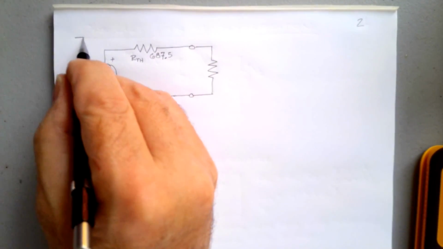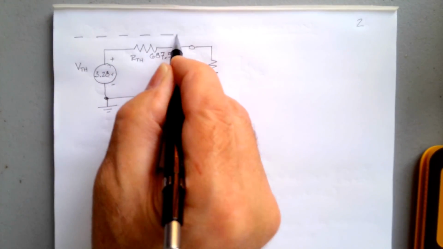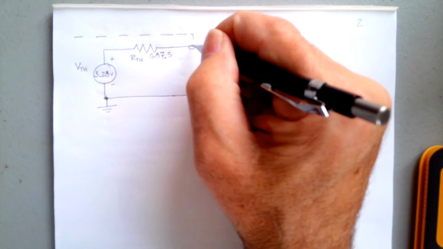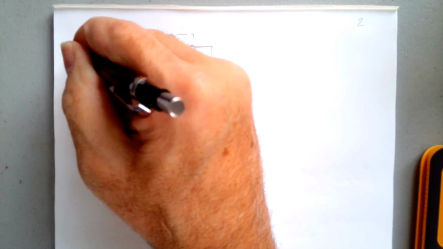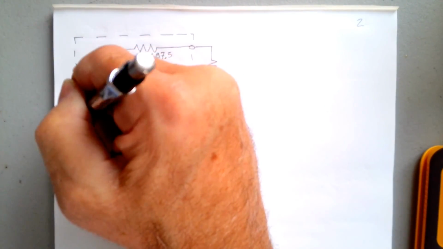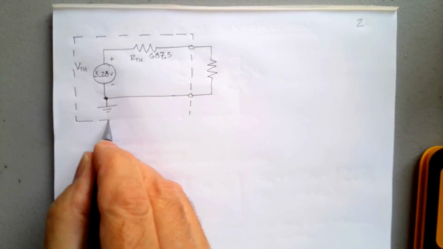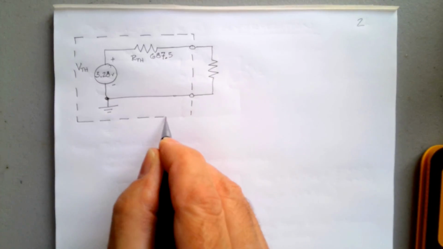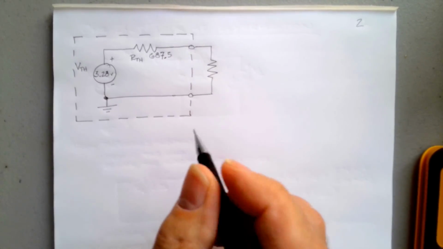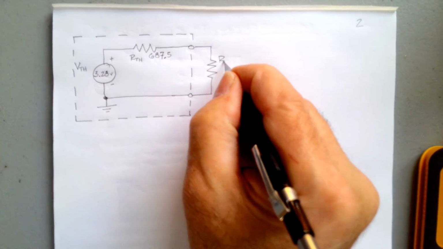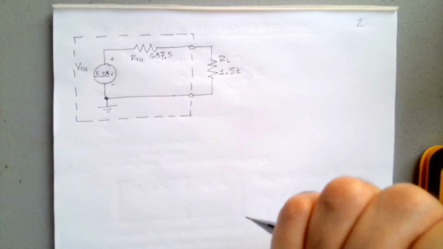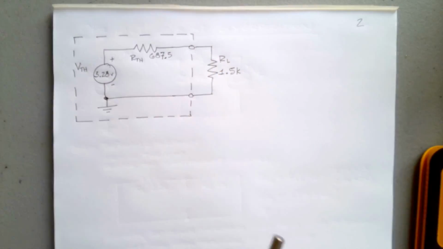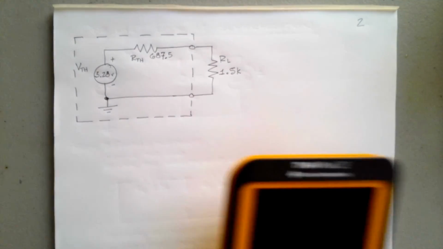So here's our Thevenin equivalent right here. So this is RL, and that's 1.5K.